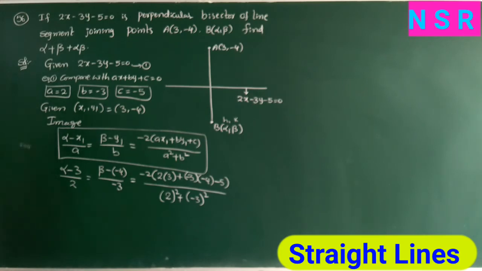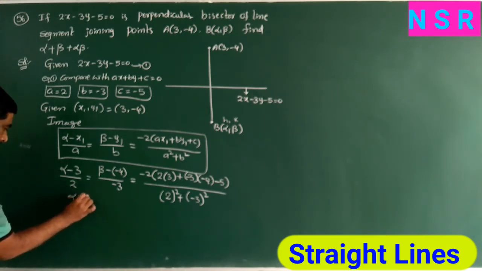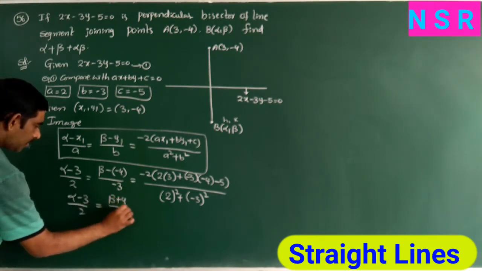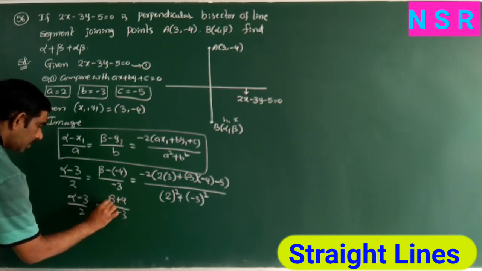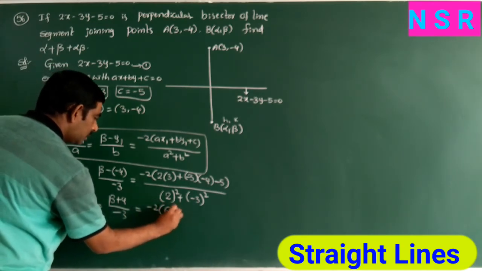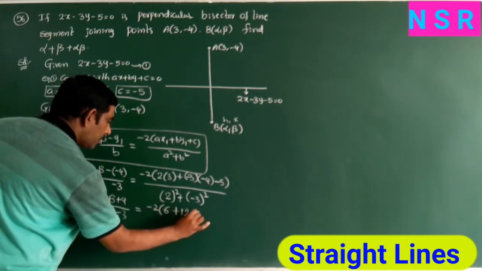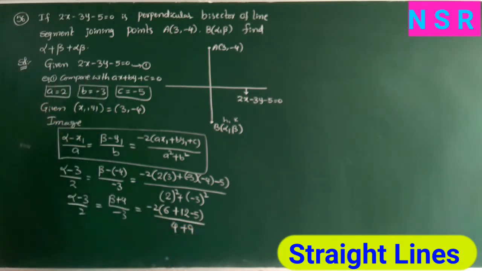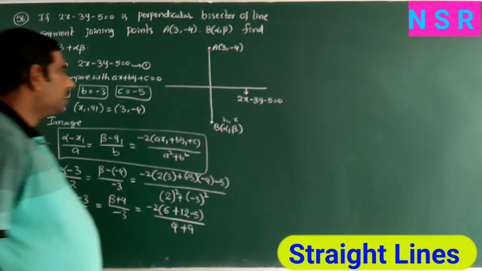So alpha minus 3 by 2 equal to beta plus 4 by minus 3 equal to minus 2 into 2 threes are 6, 3 fours are 12, minus 5, by 2 square 4, minus 3 square 9. Now simplify it.